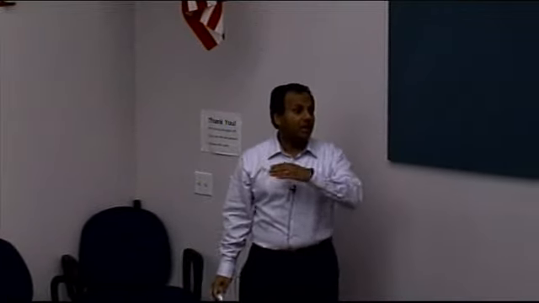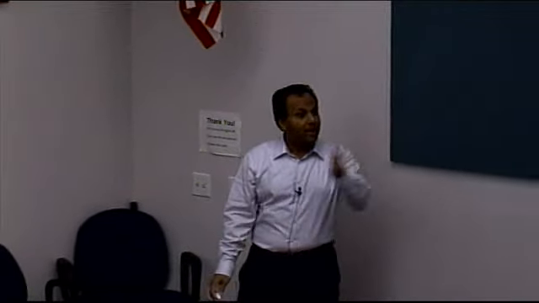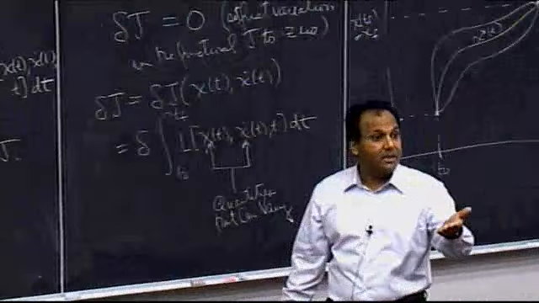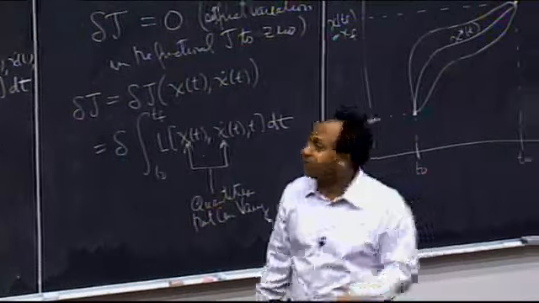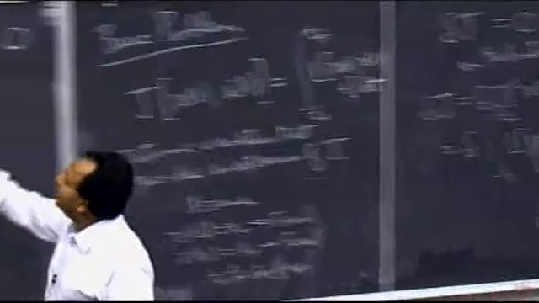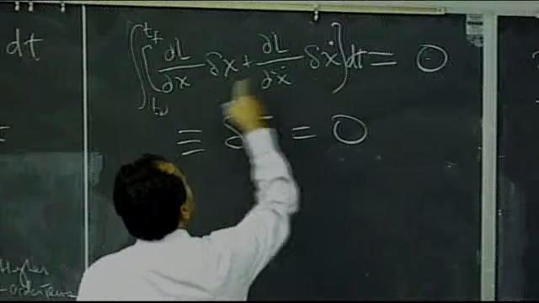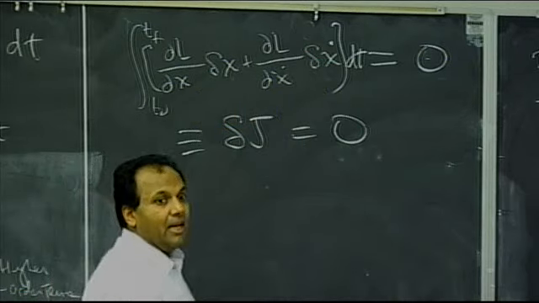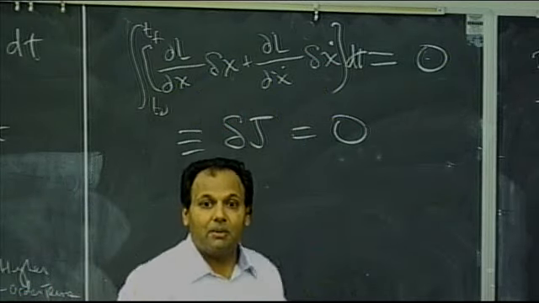Why not? Because x dot is not independent of x. X dot is the first derivative of the function x, so clearly it depends on x. Otherwise, you can't take the derivative. The derivative depends upon the function you're differentiating. So the variation in x and the variation in x dot have to be dependent upon one another. They can't be independent.